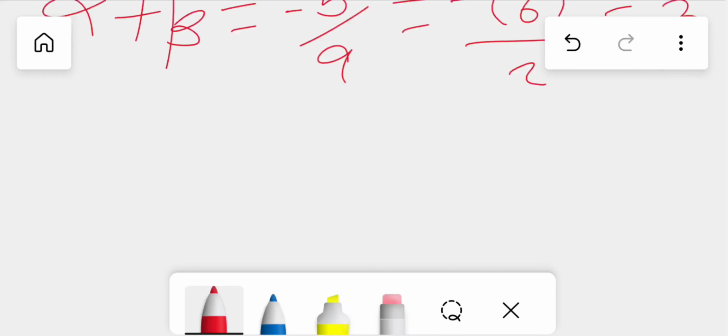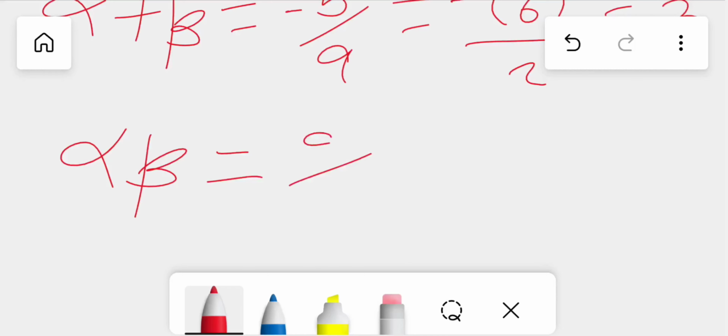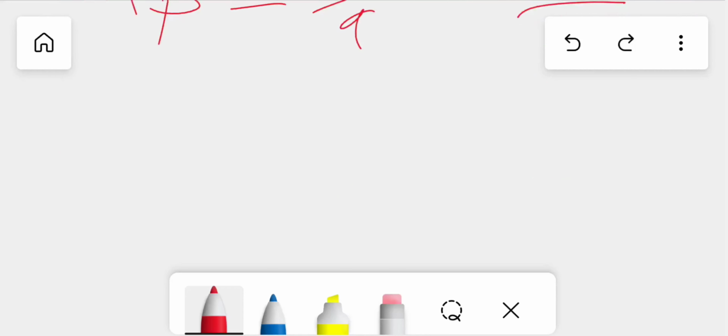For the property of multiplication, alpha times beta is equal to c/a. The value of c is negative 15, and the value of a is positive 2, so alpha beta is −15/2.